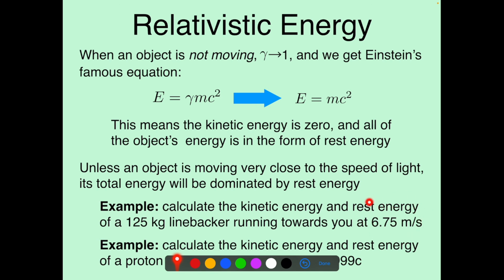We'll compare those two in this case. And then as a second example, calculate the kinetic energy and the rest energy of a proton with a mass of 1.67 times 10 to the minus 27 kilograms moving at 0.999 c. So let's work it out.